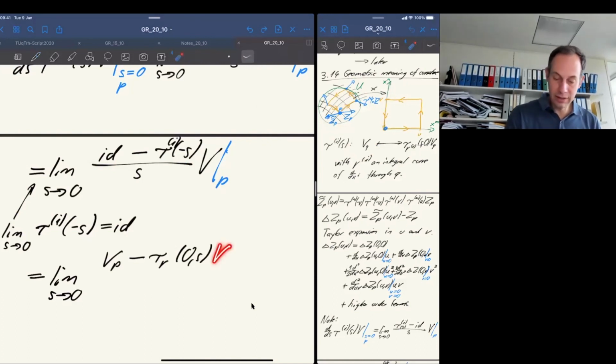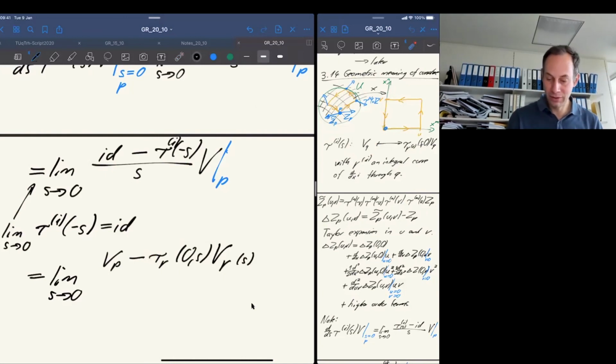And now here I need to put a v, but because I evaluate this thing at the point P, I need to make sure that this is really a vector at point P. But for this to be a vector at point P, the argument that goes into the transport needs to be a vector at gamma of s.